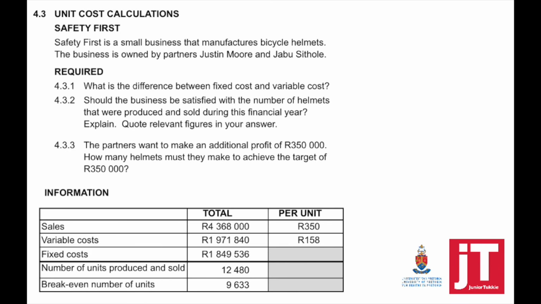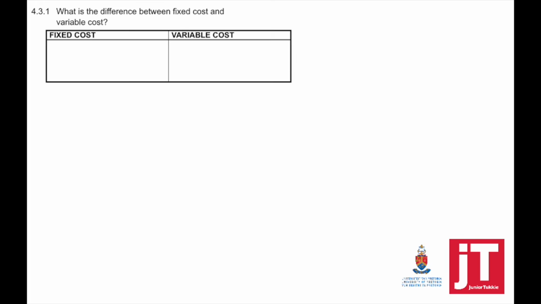Explain. Quote relevant figures in your answer. And then number 3, the partners want to make an additional profit of 350,000. How many helmets must they make to achieve the target of 350,000? So take note the different ways in which these questions can be asked.